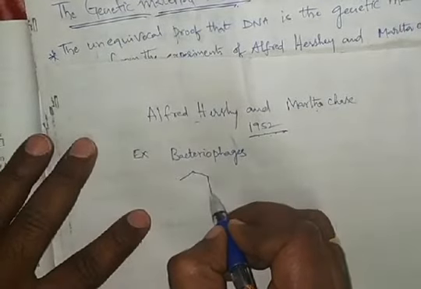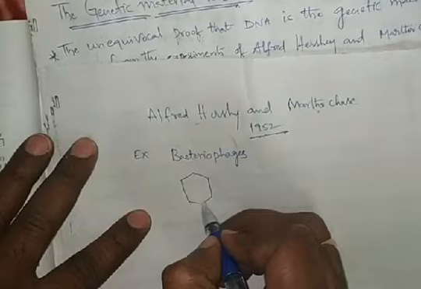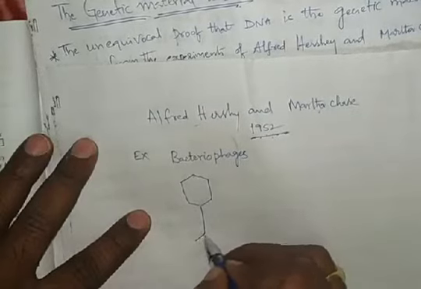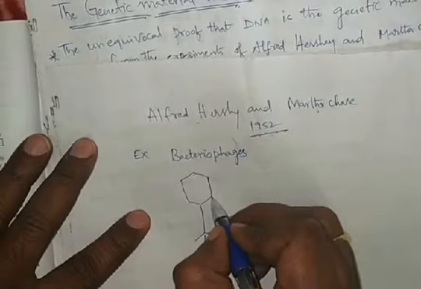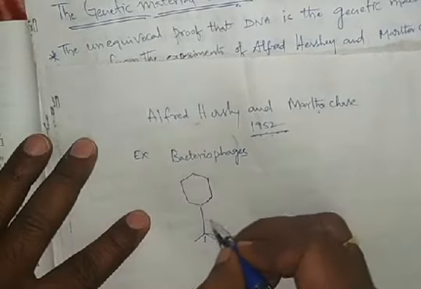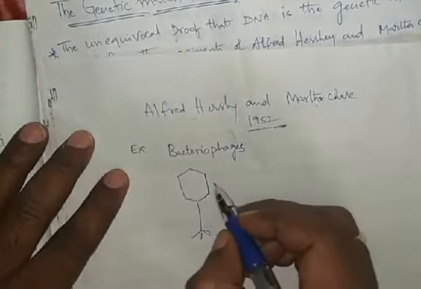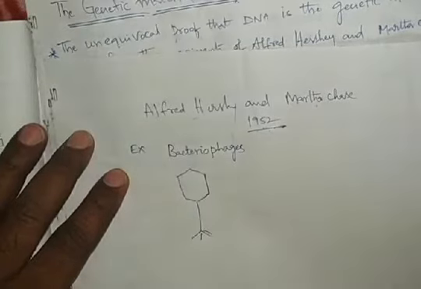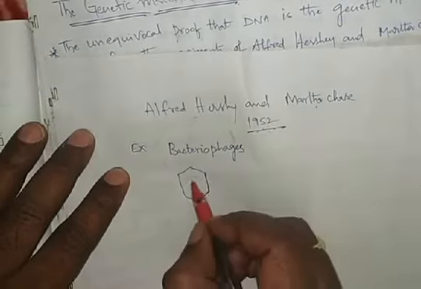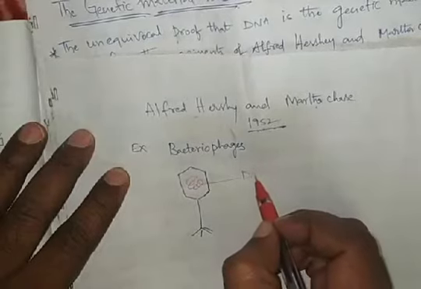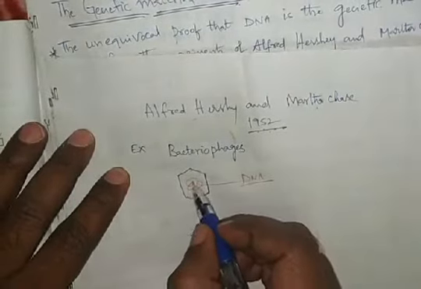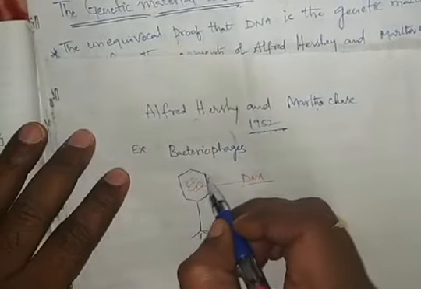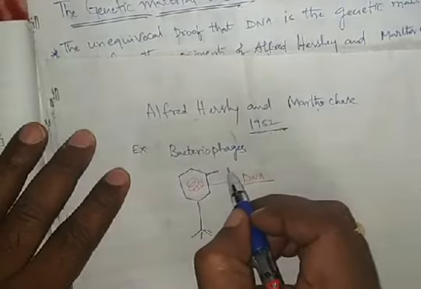So this is a bacteriophage. It has a head, neck and tail; three parts are present. So inside the bacteriophage, what is present? DNA is present. DNA is indicated with the red color, and the blue color indicates the capsid coat.